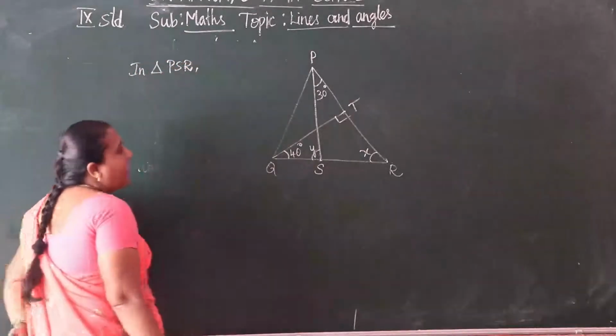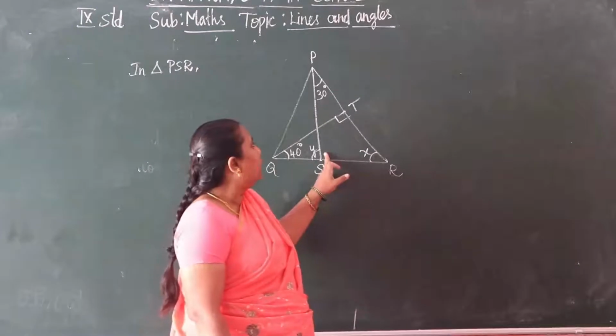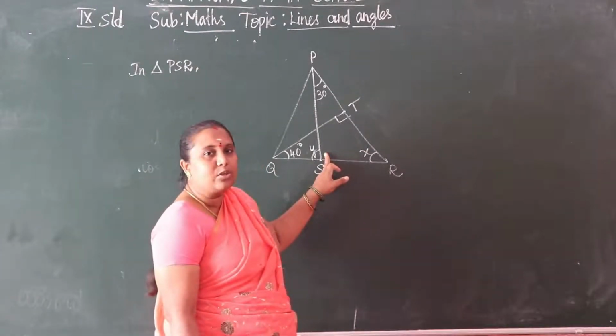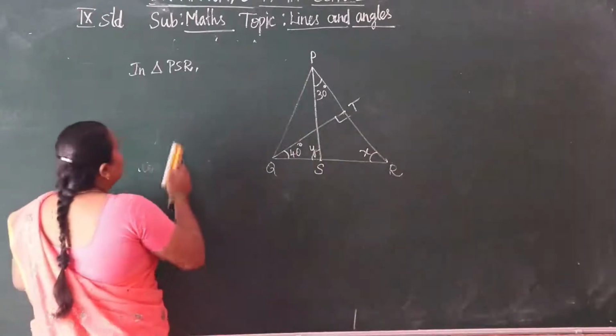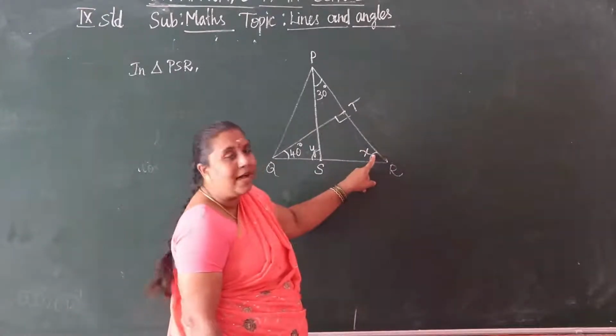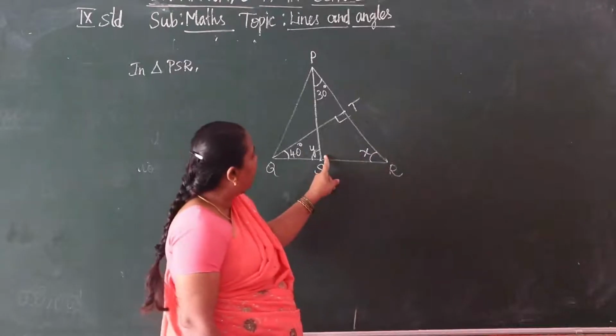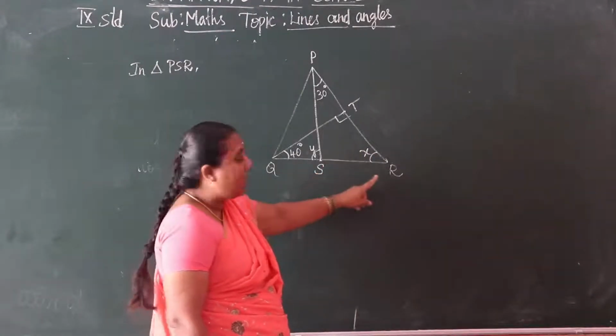In triangle PSR, the sum of the three angles of a triangle equals 180 degrees. Is it correct? So here we don't know the value of X and we don't know the angle PSR.